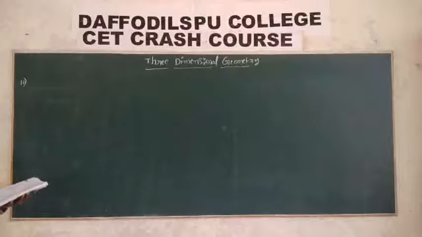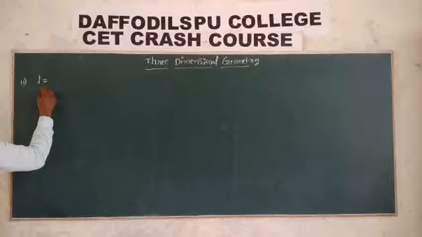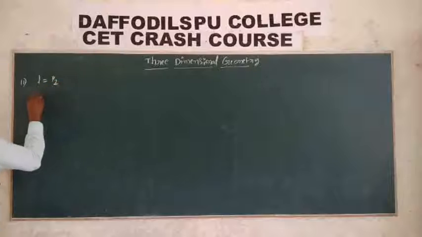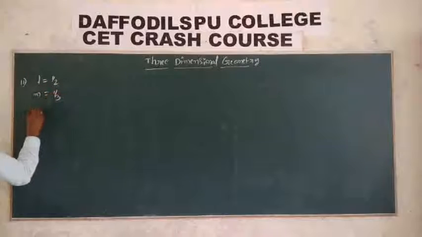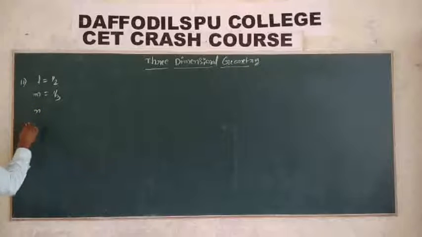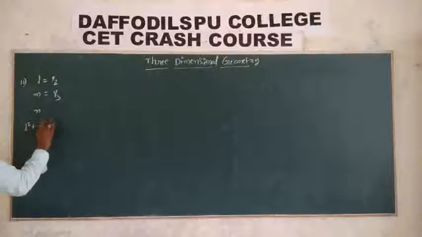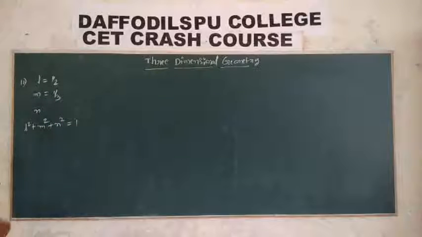If 1/2, 1/3, n are the direction cosines of the line, then find the value of n. So we know the relation l square plus m square plus n square is equal to 1.